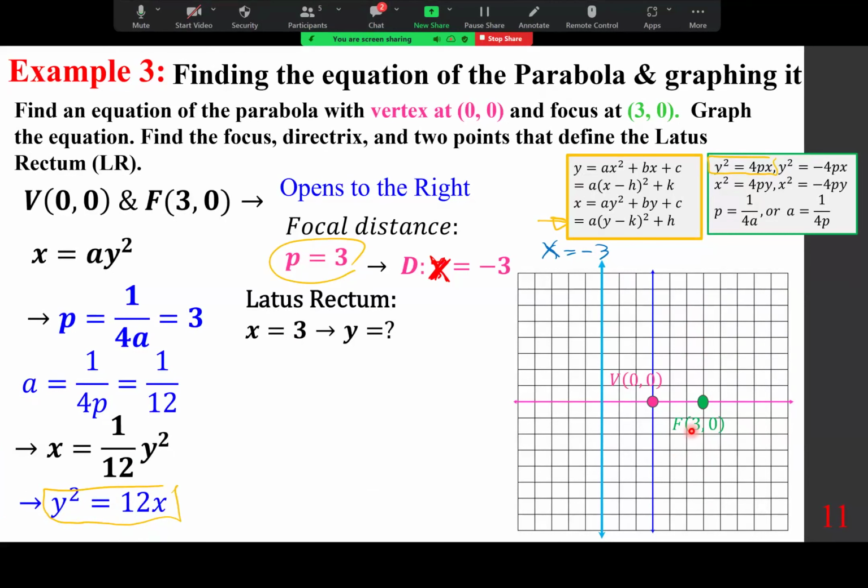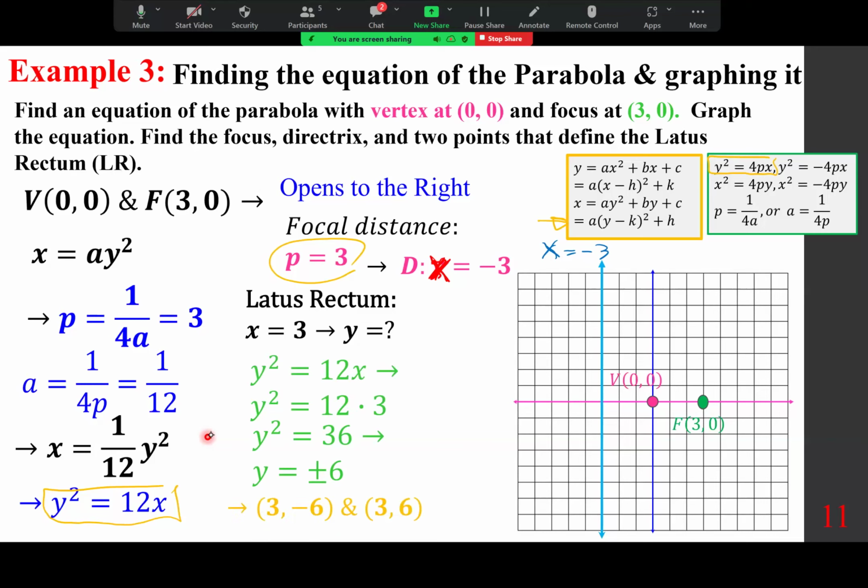If x is 3, find y. You can use one of those formulas. So y squared is 12x, 12 times 3, 36, which makes it plus or minus 6, and the coordinates are the same x coordinate, and these are the y coordinates, 3, 6 and 3, minus 6.